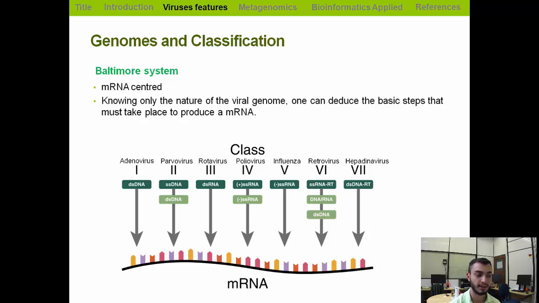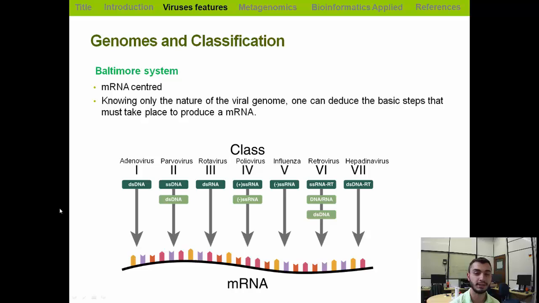And here you have the 3 types of RNA viruses, the 3, 4, and 5. And it's important to keep in mind that in order for an RNA virus to replicate its genome, it needs an enzyme called RNA polymerase RNA dependent. It's a very important enzyme.